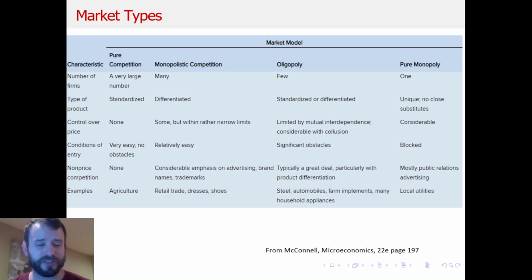Conditions of entry are hard. For FiOS to enter, they'd have to lay fiber optic cables across my area of Philadelphia. That's really expensive, so they need to be able to justify their cost with profit. And if they're splitting half their customers with Comcast, well, maybe they can't justify their cost.